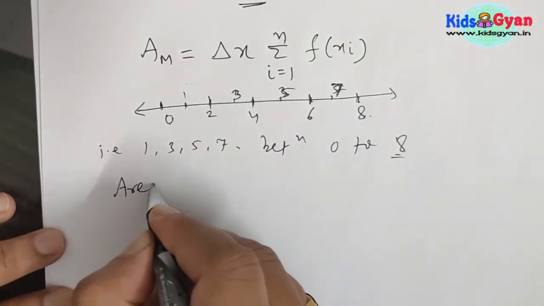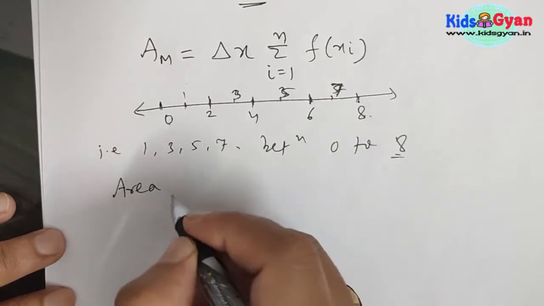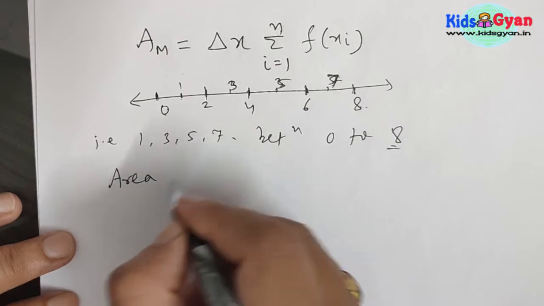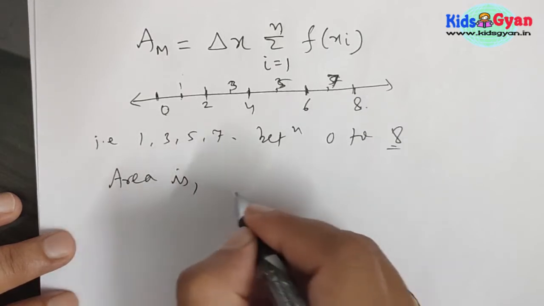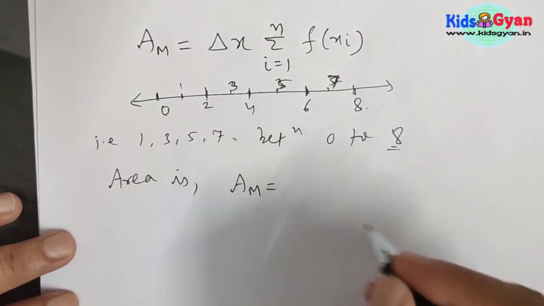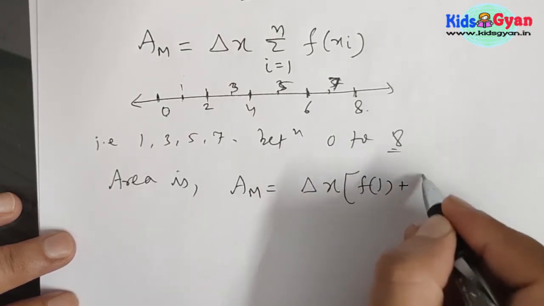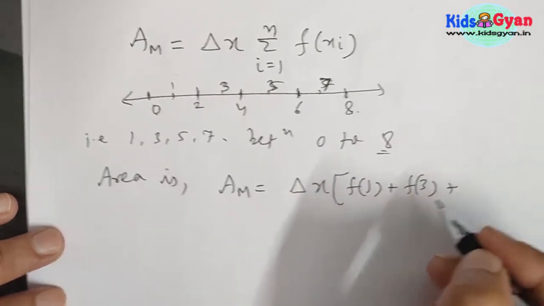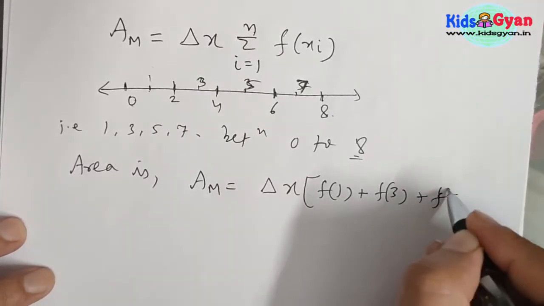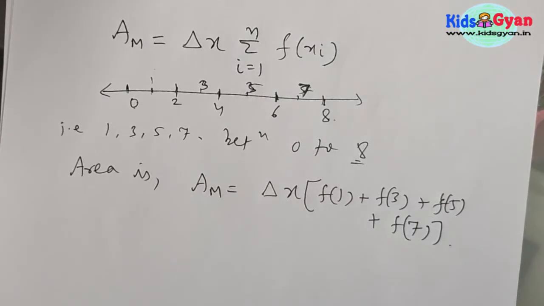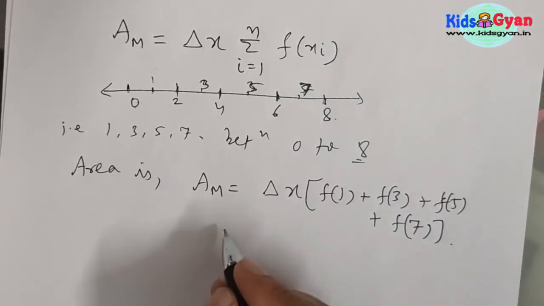So the area of the curve y is equal to x square, AM, we can say, is delta x times f of 1 plus f of 3 plus f of 5 plus f of 7. Okay, and what is the value of f of 1?